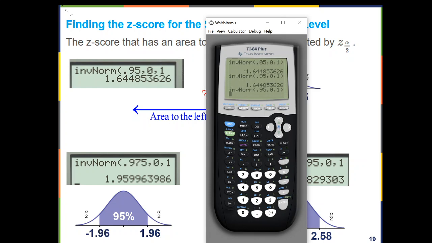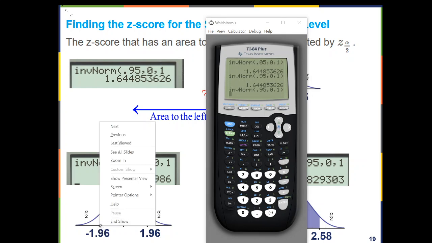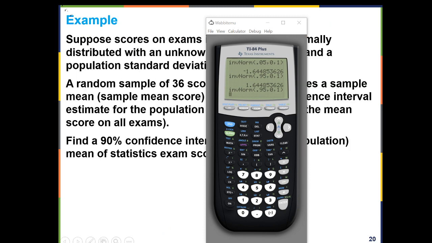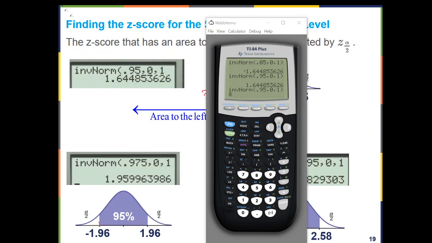To find this number, I get the entry back, inverse normal, and I'm going to change that to how much is to the left here: 0.025. I have to redo this because I wrote over them. So negative 1.96 right there.